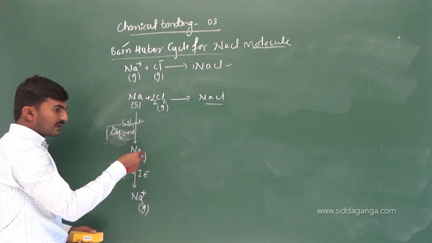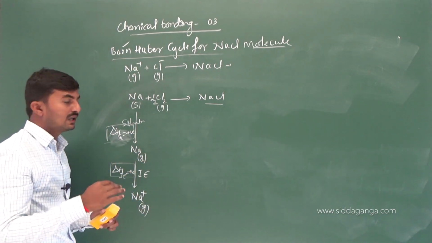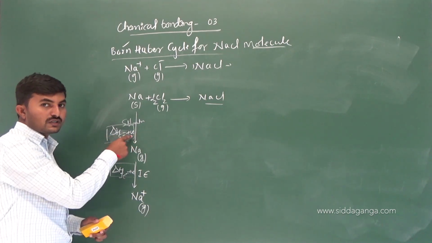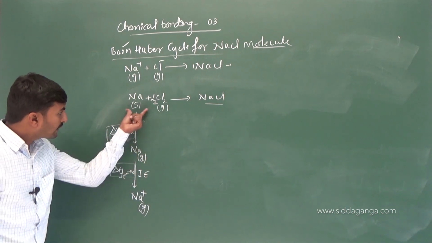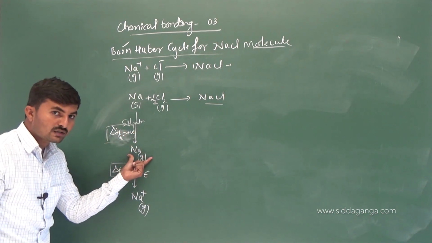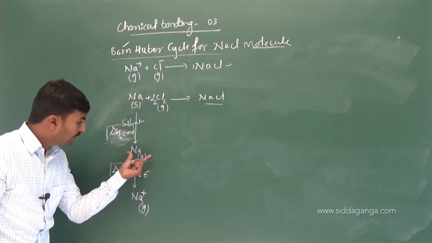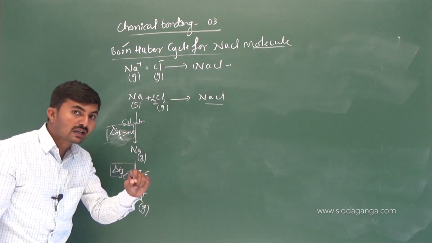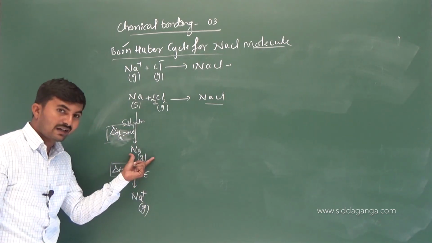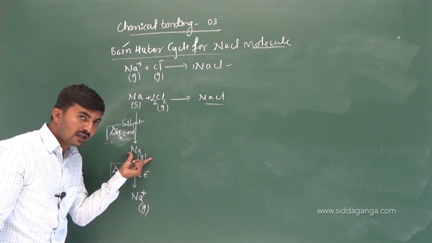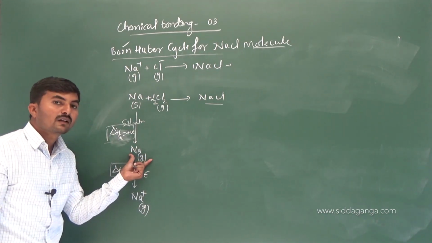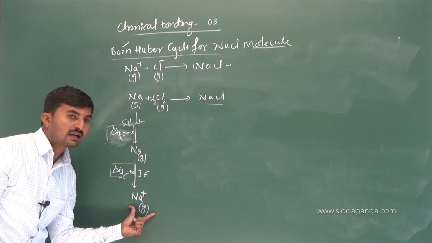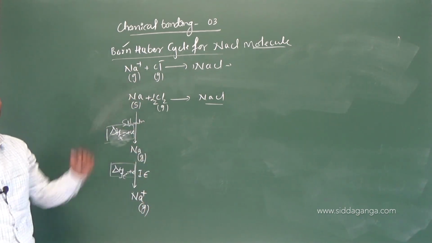In this process heat is required by the system, so it is an endothermic reaction where the enthalpy of sublimation is positive. After sublimation we get the sodium atom in its gaseous state. From this gaseous state an electron is removed, and the energy required to remove that electron is the ionization energy. After providing that ionization energy, the sodium gaseous atom is converted into the sodium cation. Now one process is over.